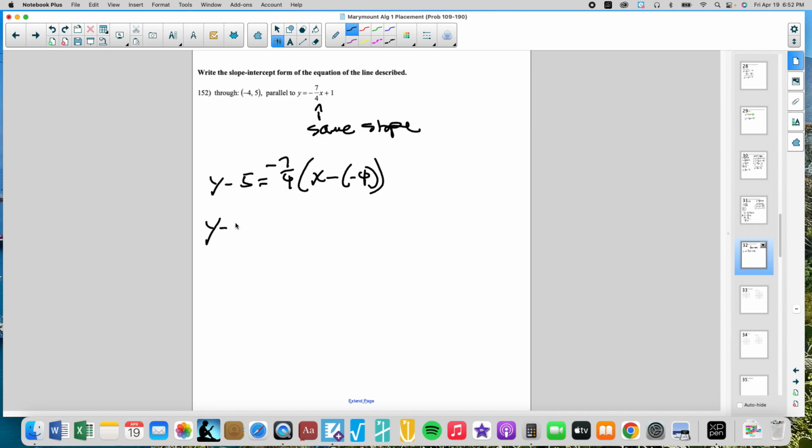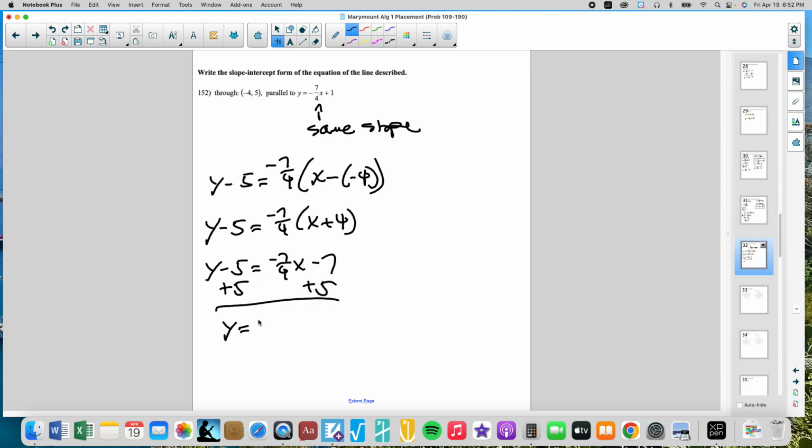So that is y minus 5 equals negative 7/4 times x plus 4. Let's distribute. Negative 5 equals negative 7/4 x. These 4's cancel. You're left with negative 7. Let's add 5. y equals negative 7/4 x minus 2 would be the equation in slope-intercept form.